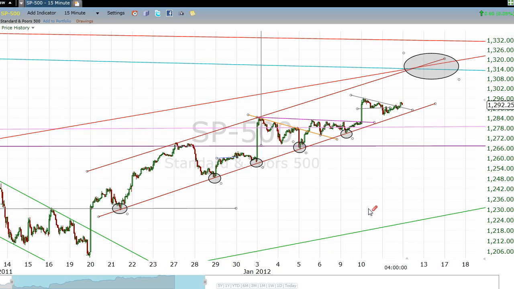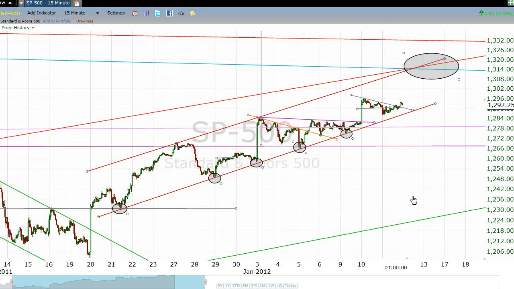So the short-term health of the market, I think, can be determined by this channel. The longer-term health of the market, I think, will be determined by some of these other trend lines that are still a little ways over where we are right now. And when we start getting close to that, we'll go into a little bit more detail.